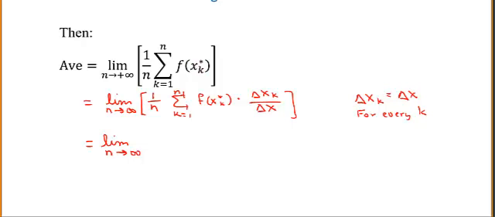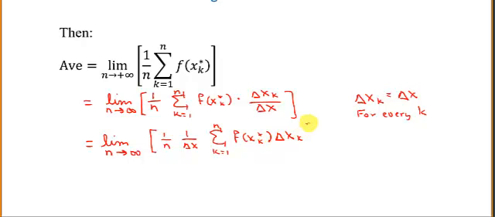Then we could take this out, and what we'd have is 1 over n. This is constant in all the terms, so I can take it out of the summation, the sum as k goes from 1 to n of f of x sub k star times delta x sub k.